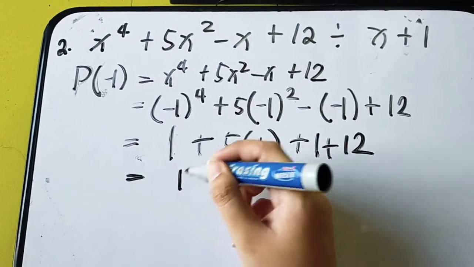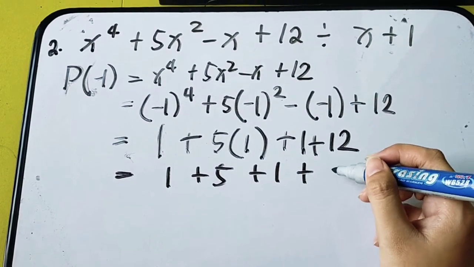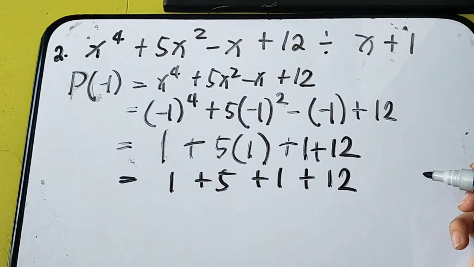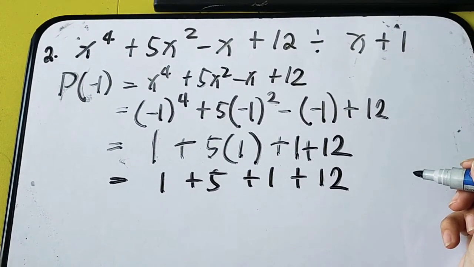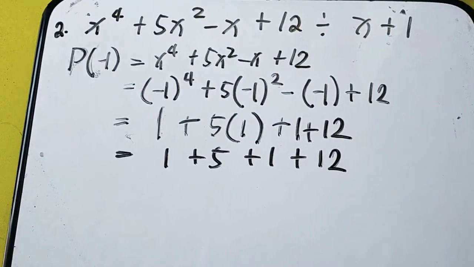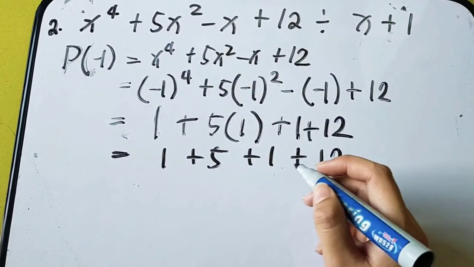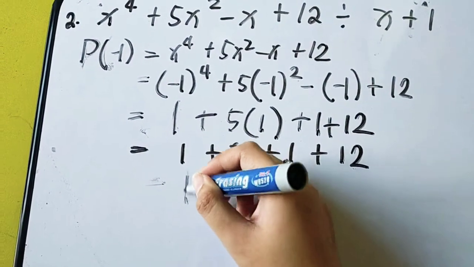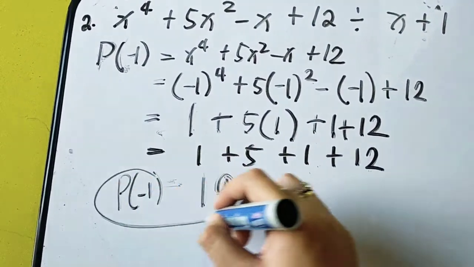So, we have here 1 plus 5 plus 1 plus 12. Okay. So, what is the answer? The answer is 5 plus 1 plus 1, 7. 7 plus 12, the answer is 19. Okay. So, this is your P of negative 1 or the remainder.